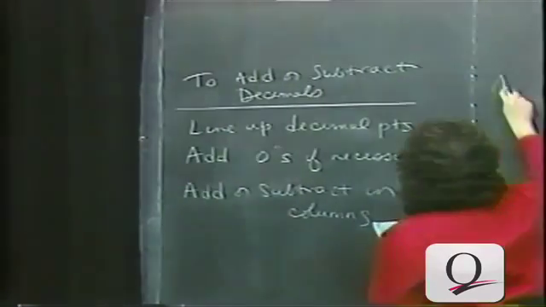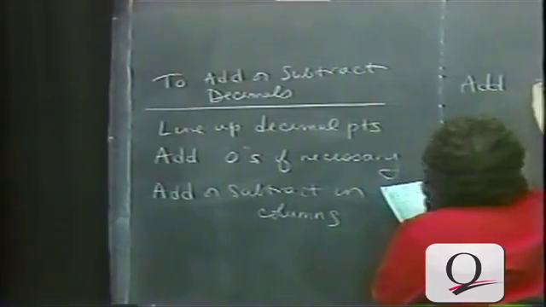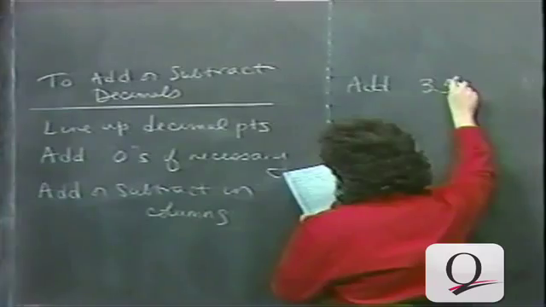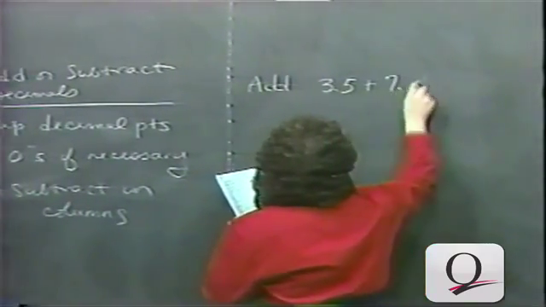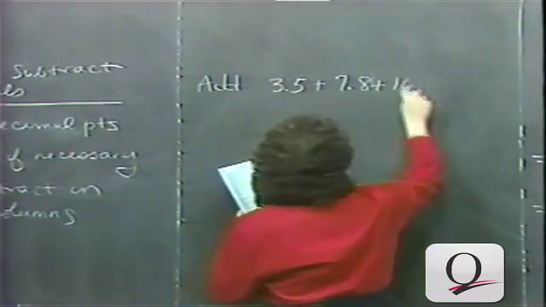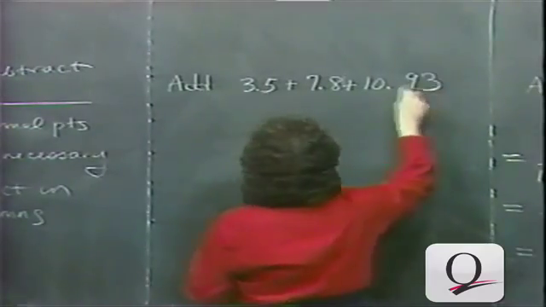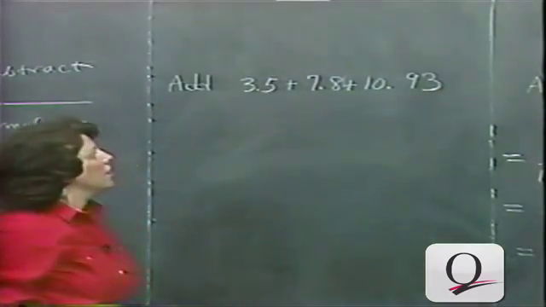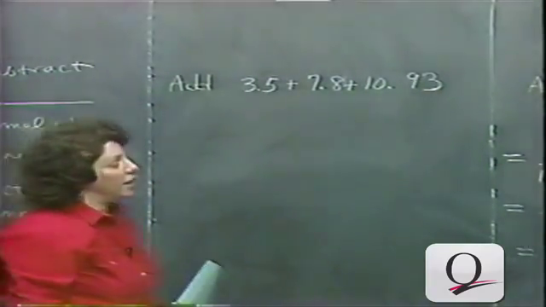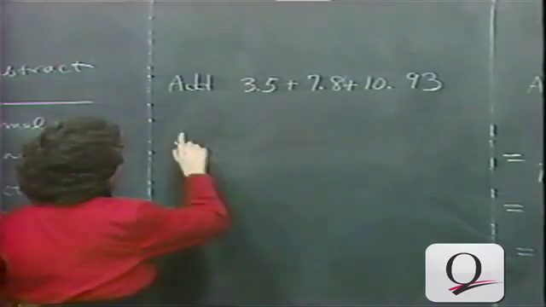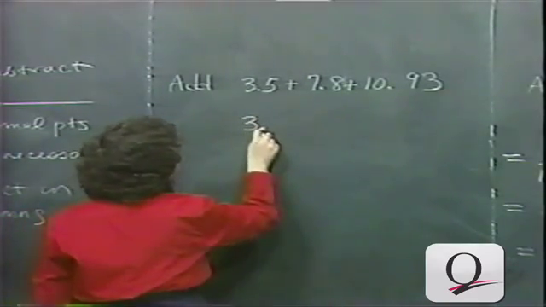Suppose we want to add 3.5 plus 7.8 plus 10.93. That is 3 and 5/10, and 7 and 8/10, and 10 and 93/100. Okay, we will line up the decimal point.